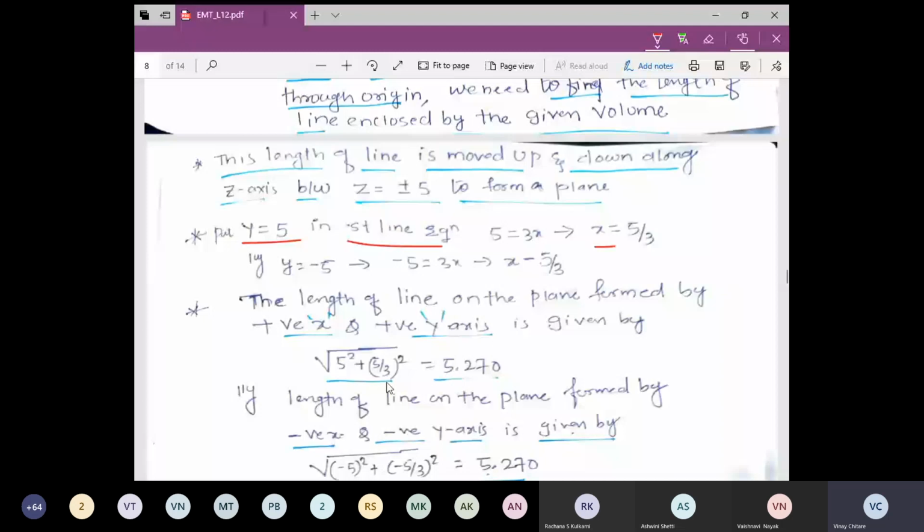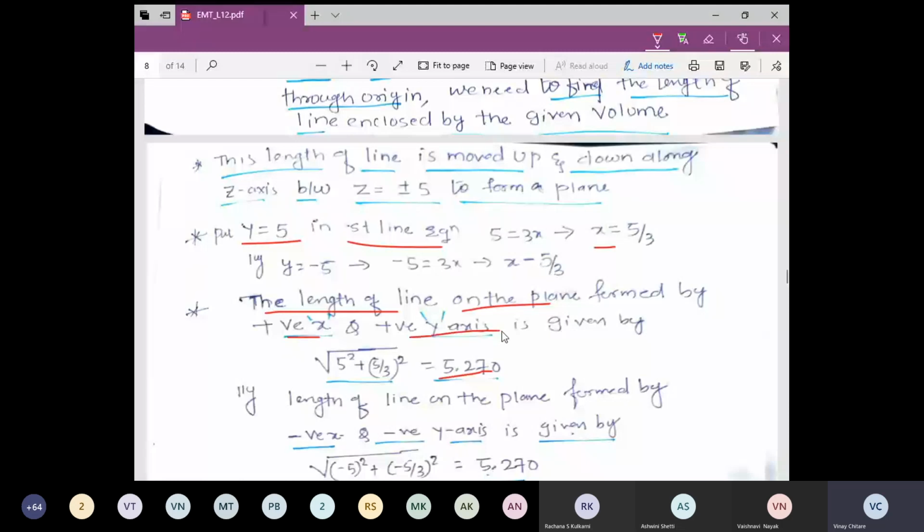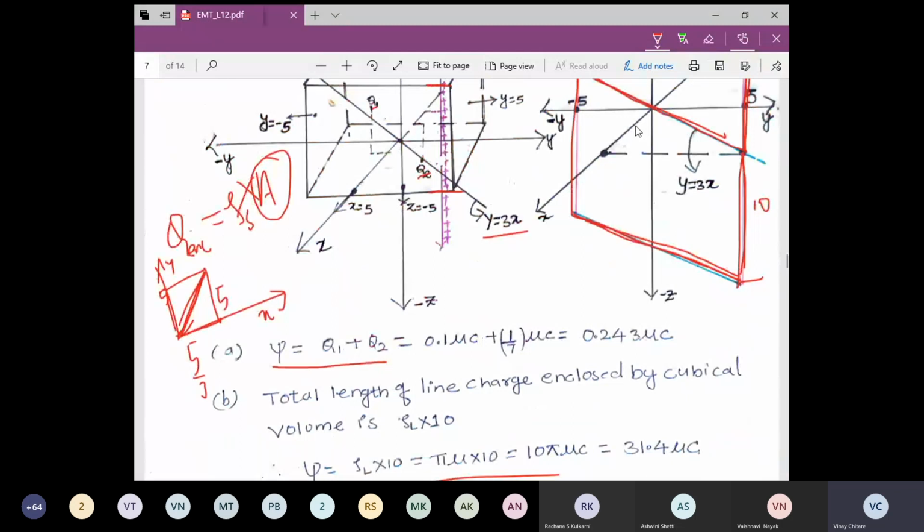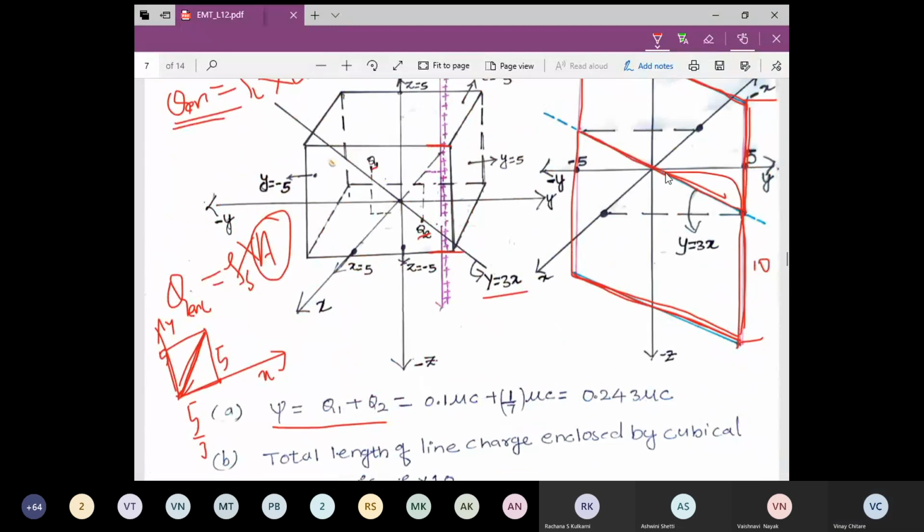We have found the length of the line on the plane formed by the positive x-axis and positive y-axis, which is 5.270. It means that we found this length now.